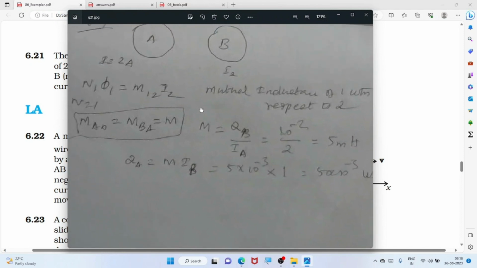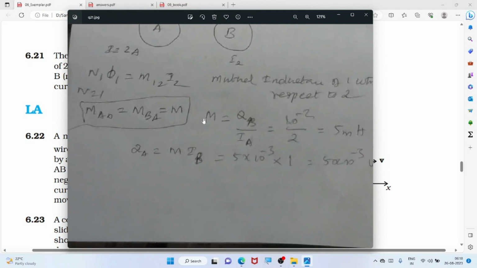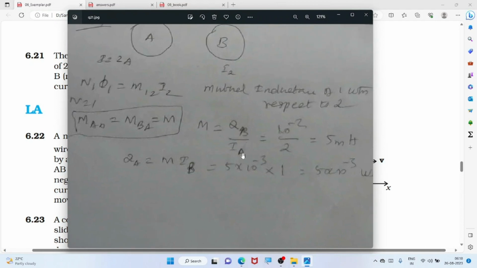Mutual inductance equals the magnetic flux divided by the current in the other coil. So if you consider this magnetic flux at B due to current in this coil, in the same way flux equals the mutual inductance times the current.